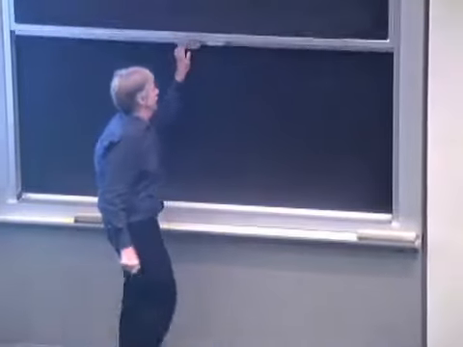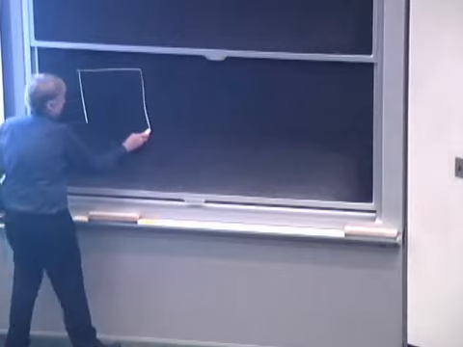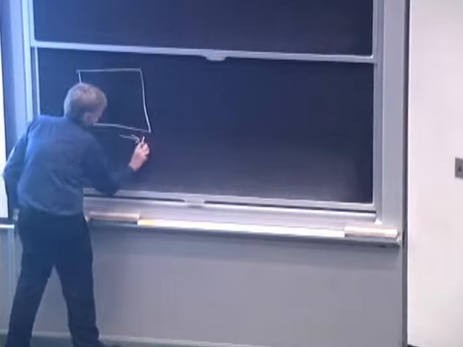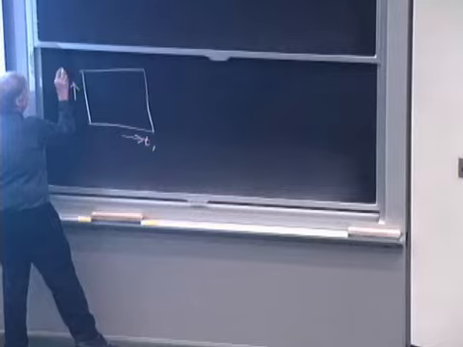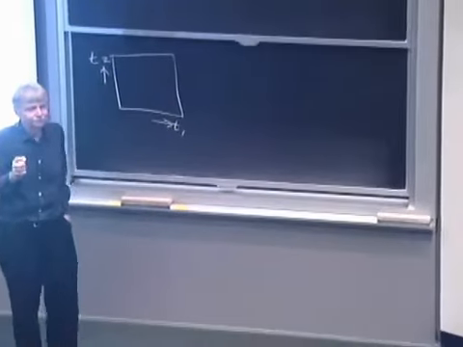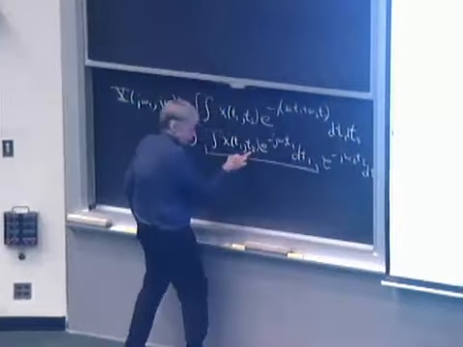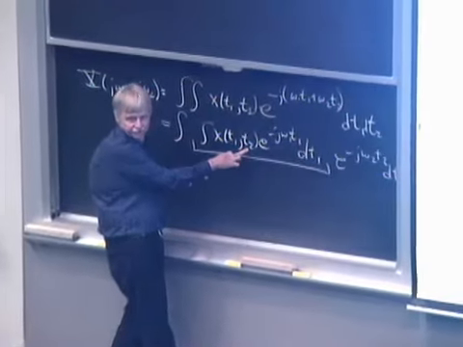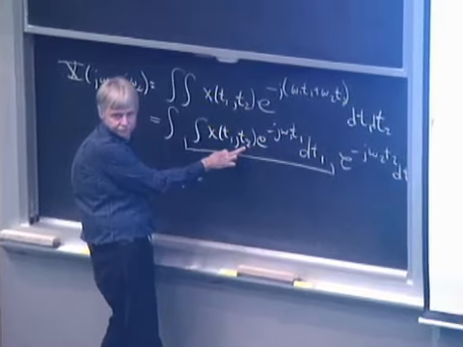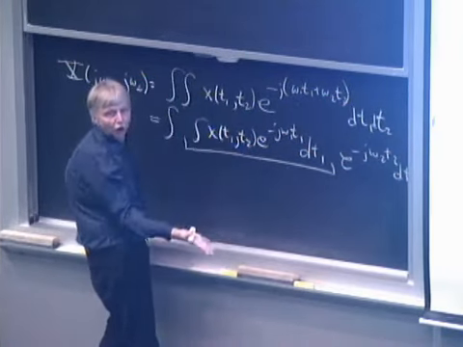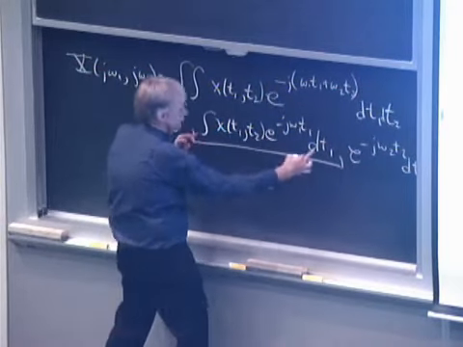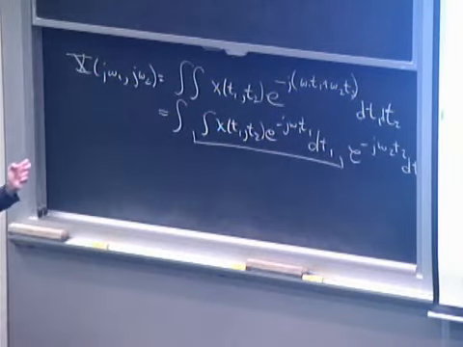So let's say my original 2D thing was a square that I'd like to characterize as a t1 dependence and a t2 dependence. The way I think about the 2D transform, this says for each t2, treat t2 as a constant. For each t2, that's for each row, treat t2 as a constant and just take the Fourier transform in the t1 direction.